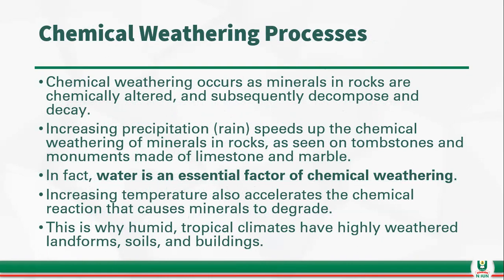An increase in precipitation speeds up chemical weathering of minerals in rocks, because when there is moisture in cracks of rocks, as seen in tombstones and monuments that are made up of limestone and marble, over time you begin to see some kind of breaking down.